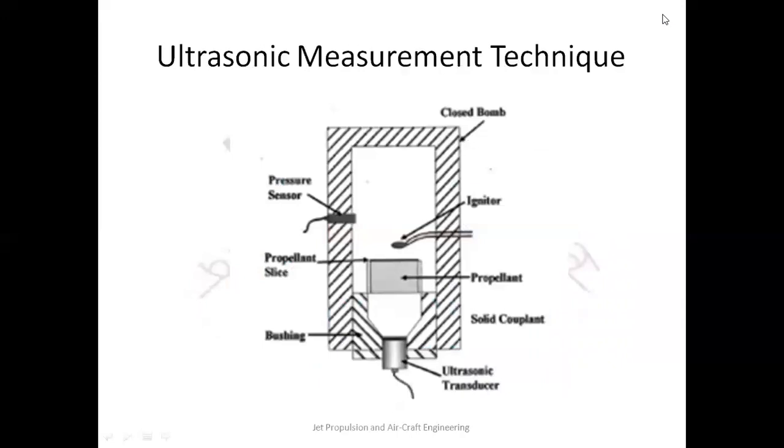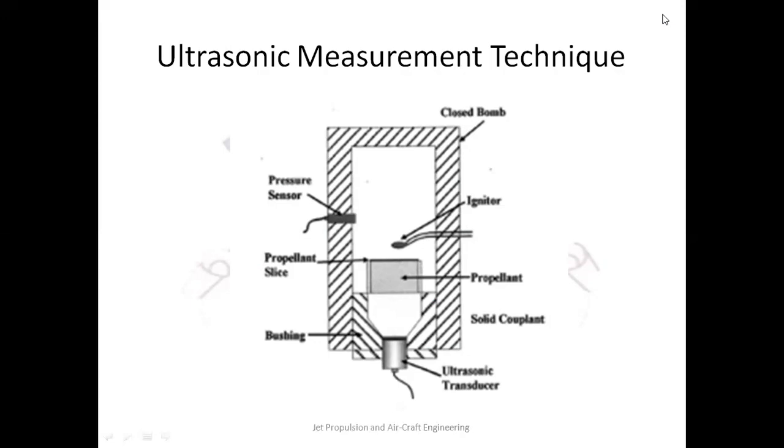Next one is the ultrasonic measurement technique. In this technique, the burning chamber is called a closed bomb and contains the tested propellant sample having a length of 35 mm and a diameter of 30 mm, which is attached to a coupling material, as you can see in the slide.